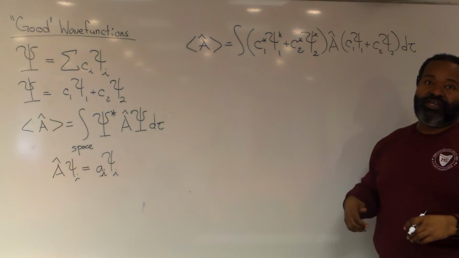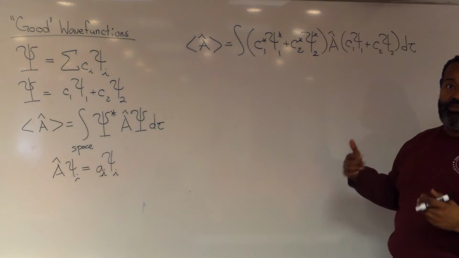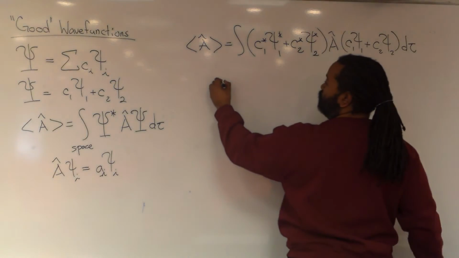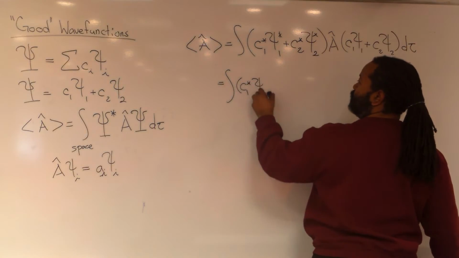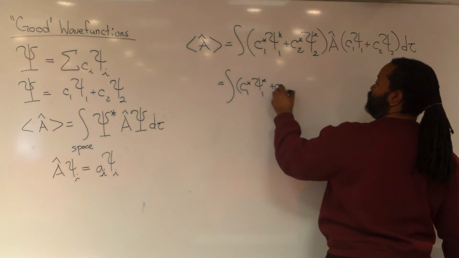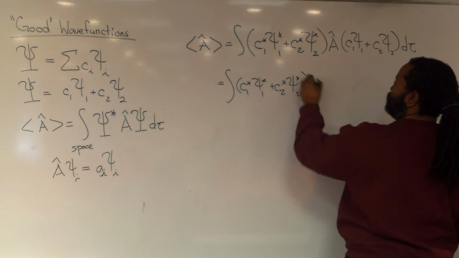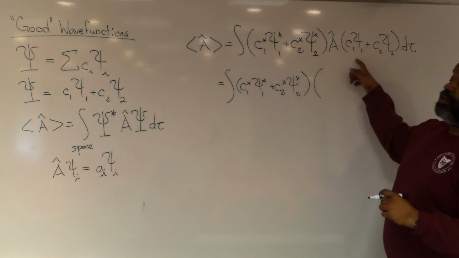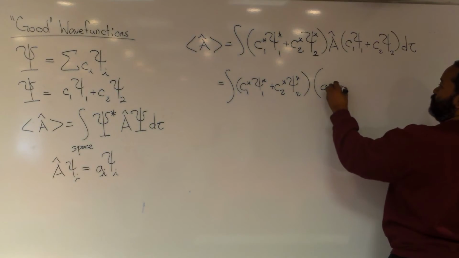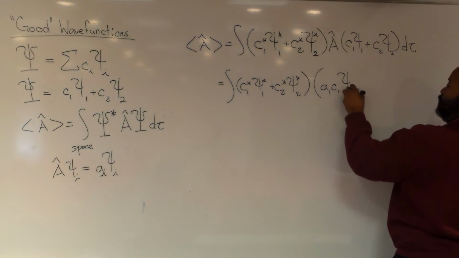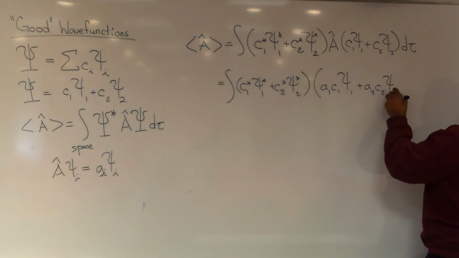Because this is a linear operator, we can distribute it across both of these and get results for them. So we'll rewrite the first half of this integral, C1 star, psi 1 star, C2 star, psi 2 star. And now the result of the operator acting on this is that you'll get A1, C1, psi 1, and A2, C2, psi 2.